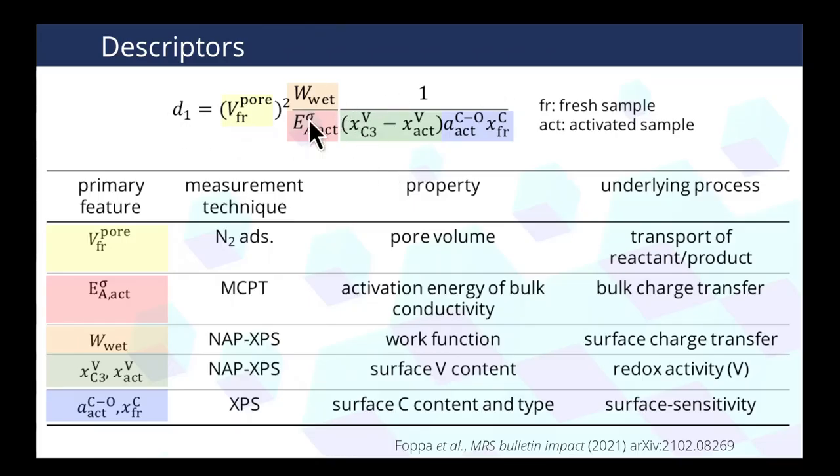So you see, you have the work function at the numerator, and then you have a few things at the denominator, and then you also have the pore volume in the numerator, but squared. So the pore volume has a different influence on the descriptor, and therefore on the model, than the other one. So the fact that it is this product of things will become clearer in a couple of weeks.